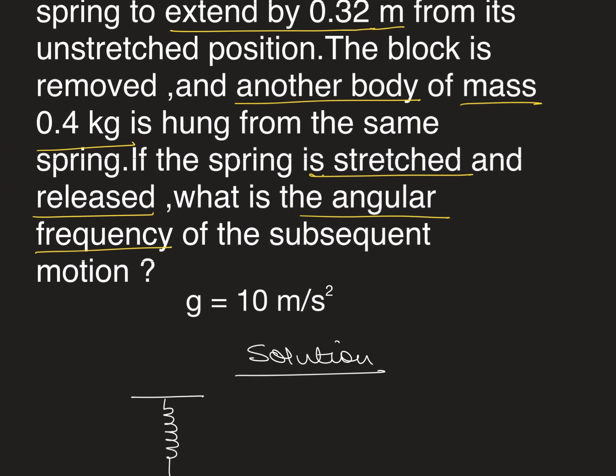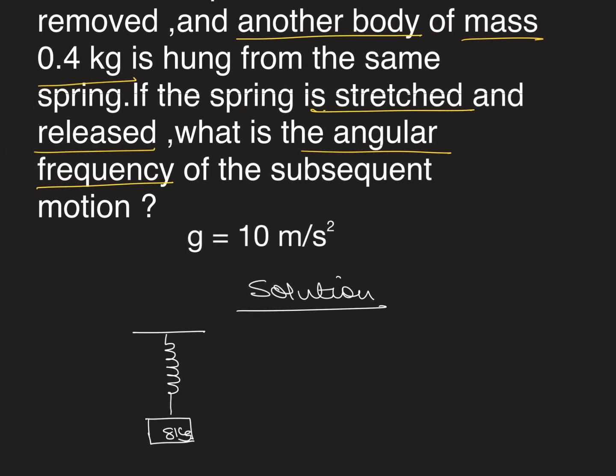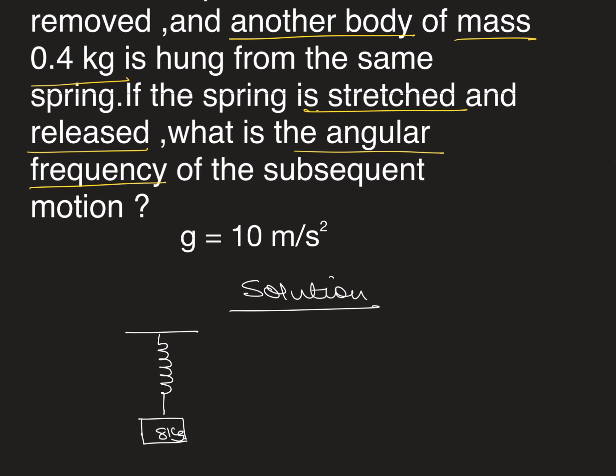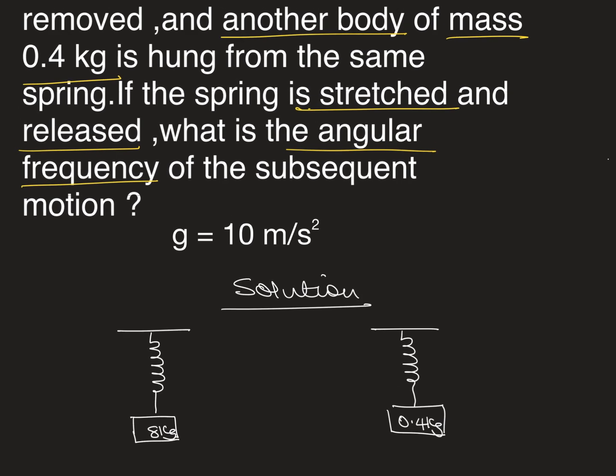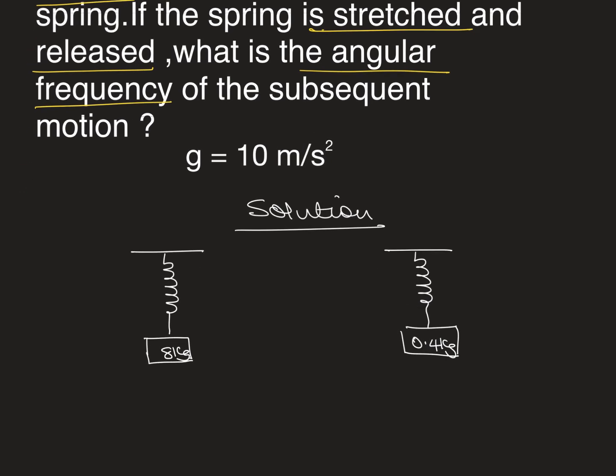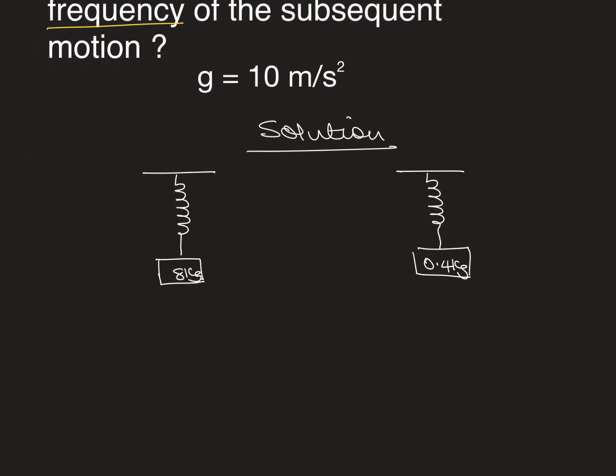After that, the 8 kilogram mass is replaced with a 0.4 kilogram mass. That is the second case, right? Obviously, that will also cause a certain extension. The question is asking us to find the angular frequency.